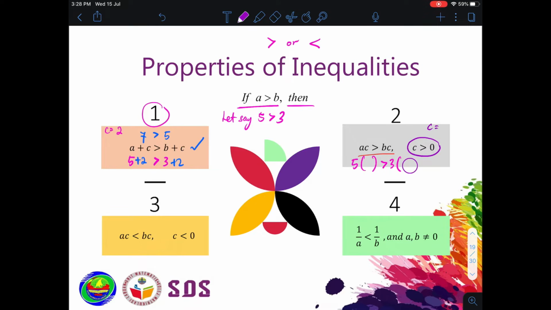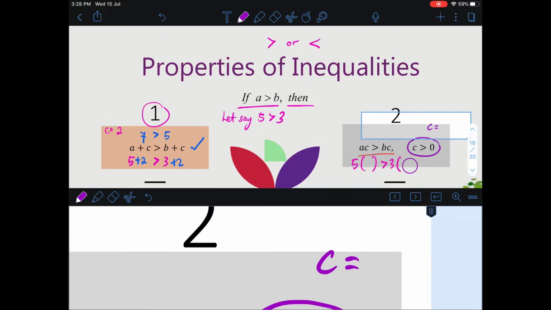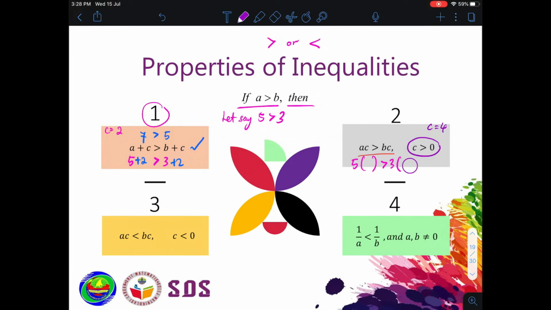Let's say I put c equals 4. So 5 times 4 is 20, and 3 times 4 is 12. Therefore, yes, 20 is greater than 12. So this property works just well.